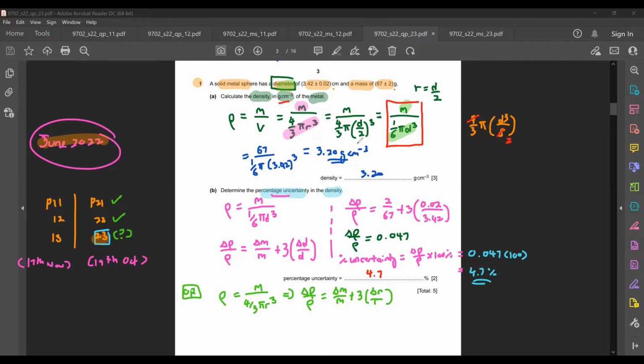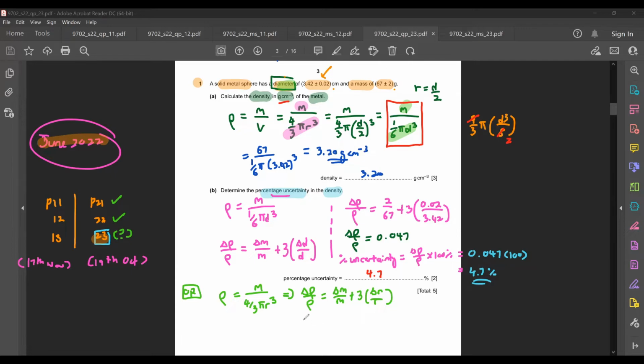Because you use radius, but your question did not give you the values in terms of radius as well as its uncertainty, but instead gave you diameter, there's a common mistake that people usually make.